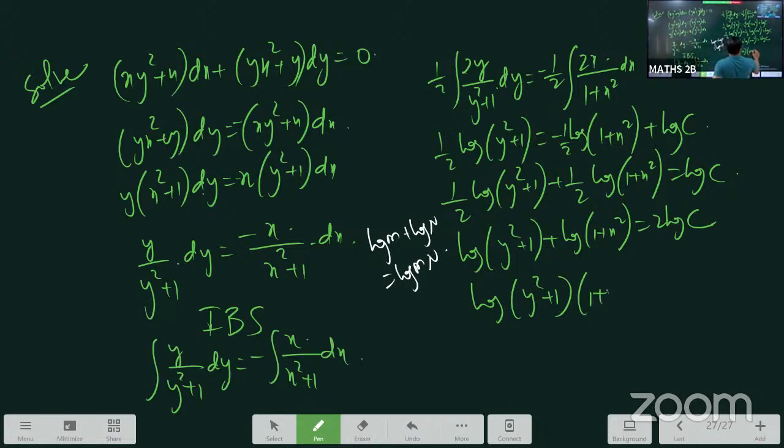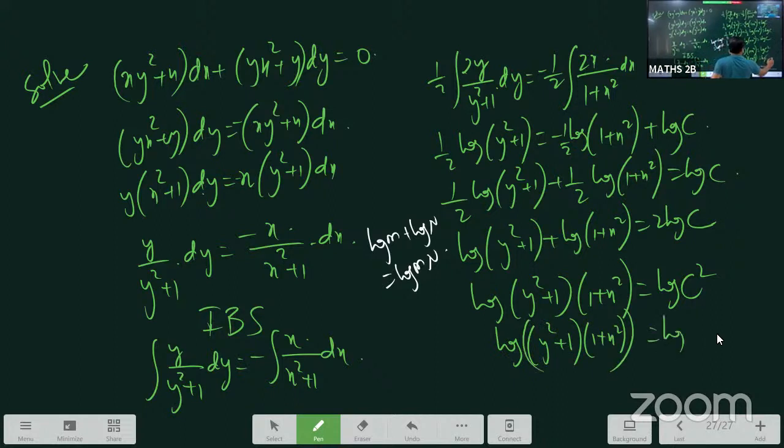Into this is (1 + x²) equal to log c². Log c² is again one more constant, let it be c. So both sides log gets cancelled. Your ultimate answer is (1 + x²)(1 + y²) equal to c. This is your answer. Is it clear, everybody?